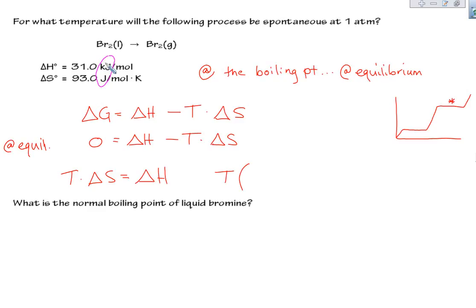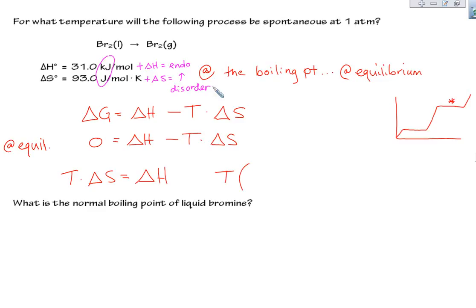A positive delta H is endothermic, which is typically not spontaneous, but it does have a positive delta S, which would be spontaneous, an increase in disorder. So it's all going to be temperature dependent.